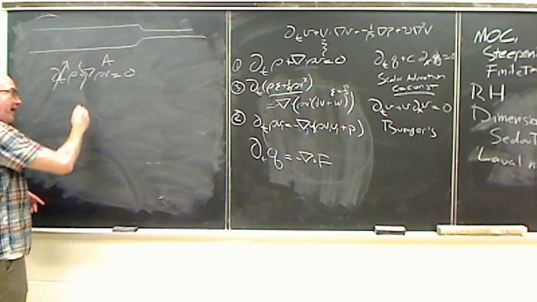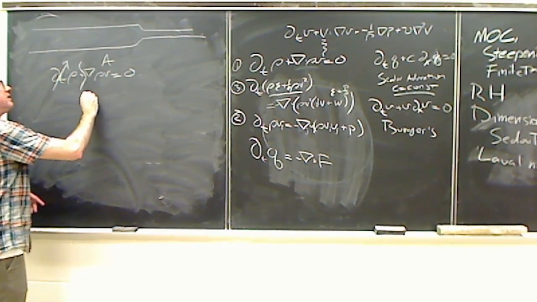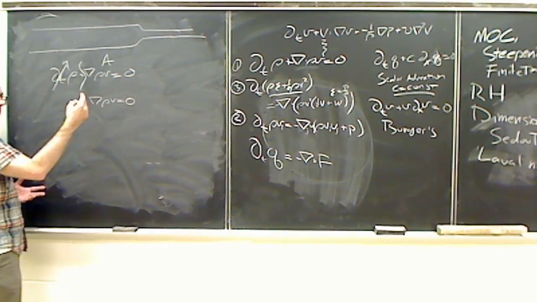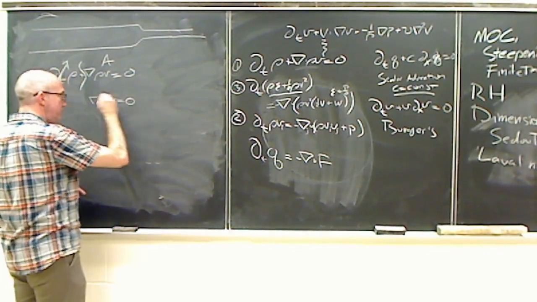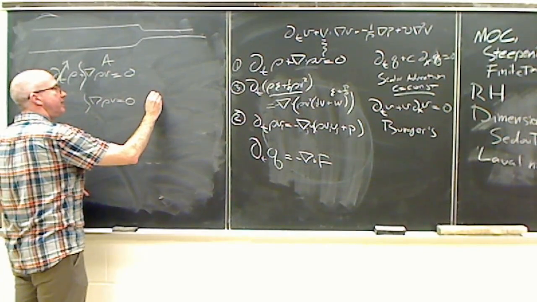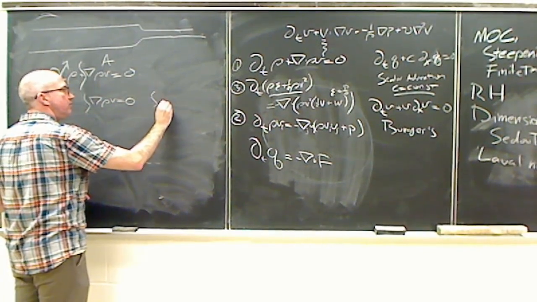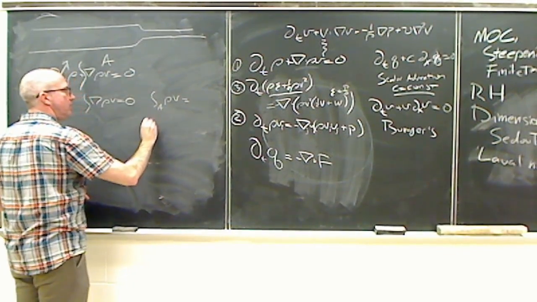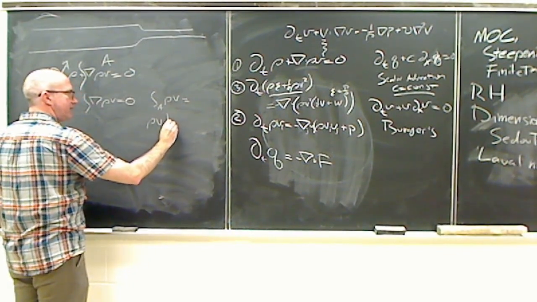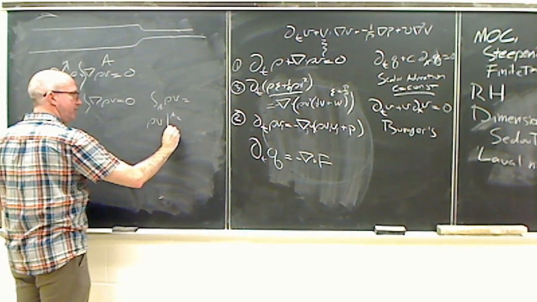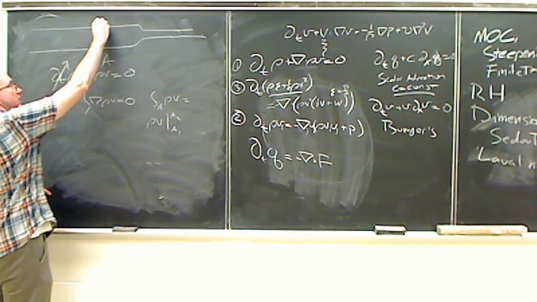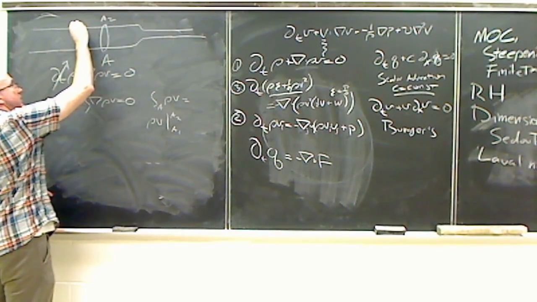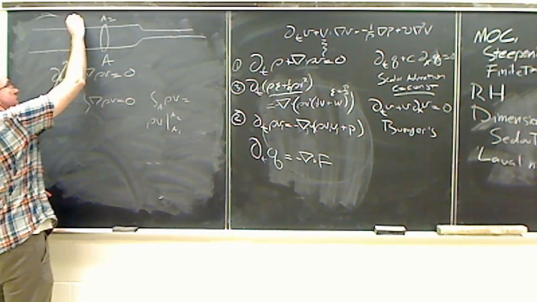And we can integrate that, because now I've got div rho v equals 0. So now I have a full derivative here, so I can integrate it. So I integrate that, and I get the surface integral of rho v, which is just rho v at A2 minus A1. Where this is going to be A2, and this is A1.